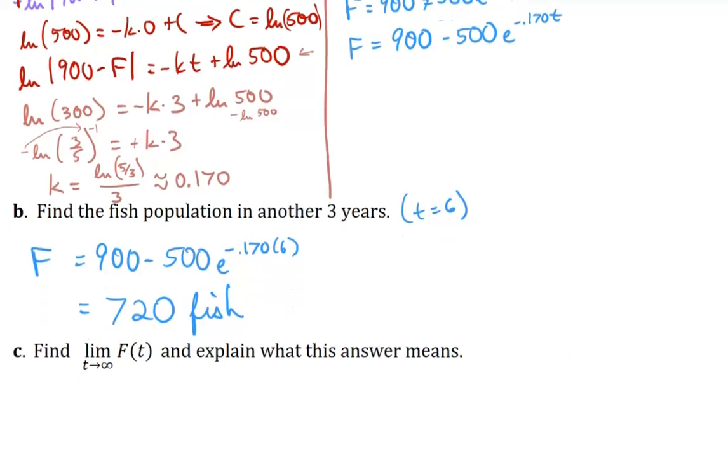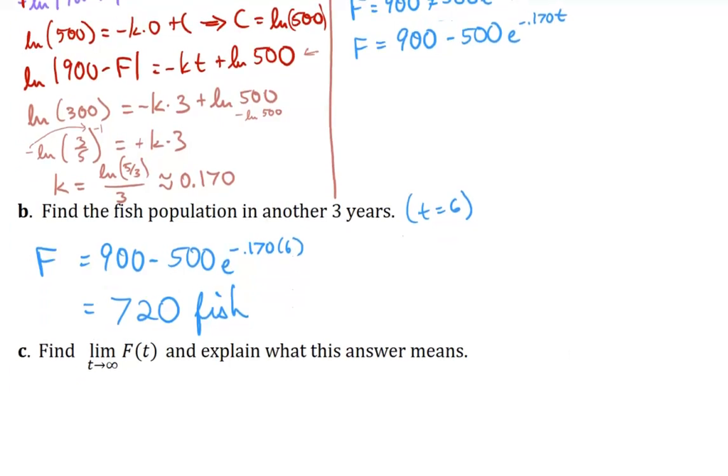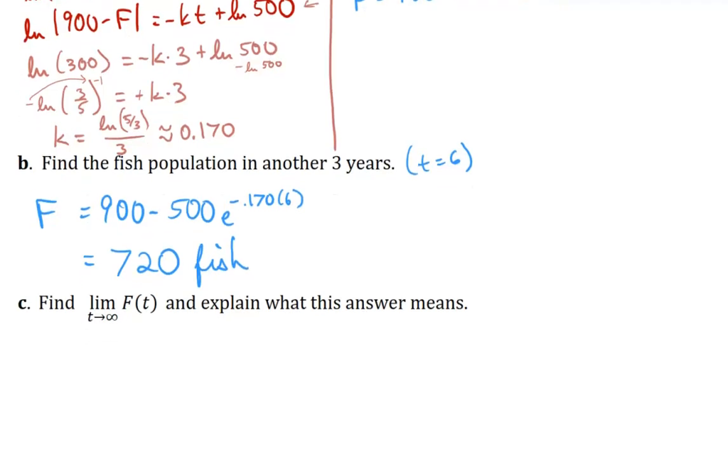And then lastly, find the limit as t approaches infinity of f of t and explain what this answer means. So limit as t approaches infinity of f of t, let's write the equation: 900 minus 500 e to the negative 0.170t.